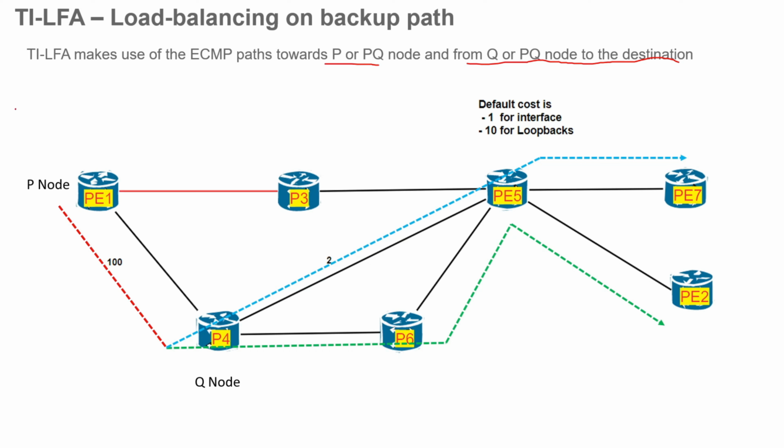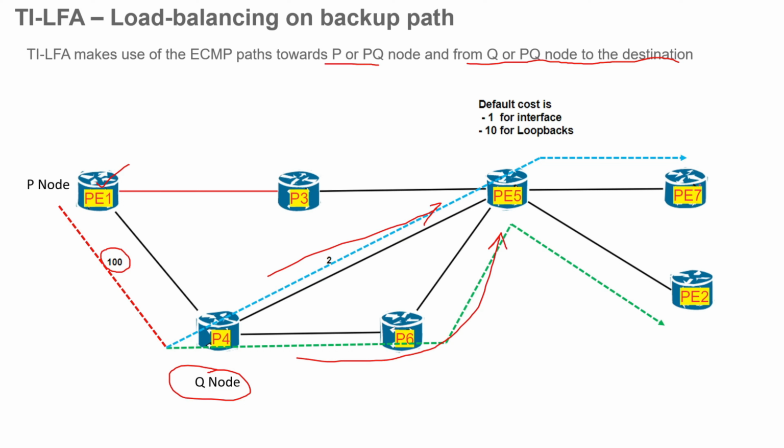So if we talk about this particular diagram, PE1 is the P node here because of this high metric, and P4 becomes the Q node. But from the Q node to the destination, we have the ECMP path. One is directly connected to P5 and the second one is via P6. So the router can make use of both paths.